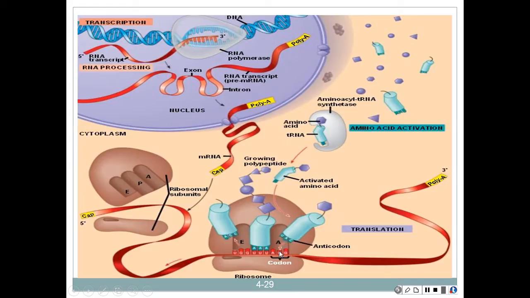It's going to bind to that A site of the ribosome, and its anticodon pairs with a second codon. Now an enzyme in the ribosome transfers the MET, which is the very first one, the start codon, of the initiator tRNA to the amino acid of the second tRNA, and it creates a peptide bond, giving it a dipeptide.